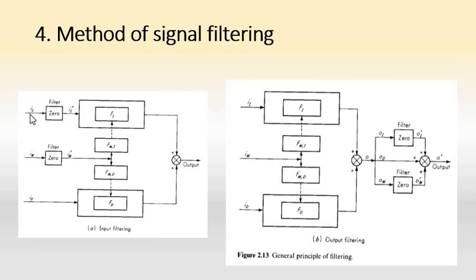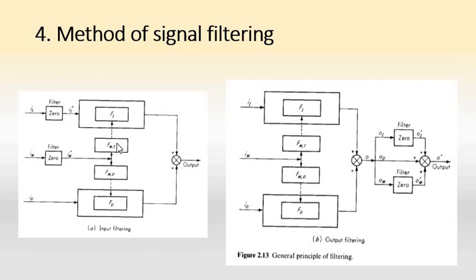So the input will be filtered right here itself. As a result, the output I dash will be 0 here. Similarly, in the modifying input we will keep an input filter next to the modifying input, and as a result the Im dash obtained in the output of this filter will be 0. Okay, as a result the effect of this interfering and modifying input on this desired input will be 0.